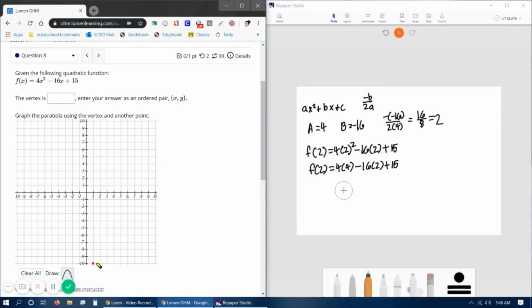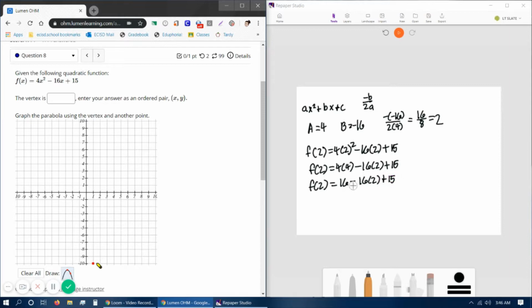Next, I'll do my multiplication and division from left to right. First, I'll multiply 4 and 4, giving me f of 2 equals 16 minus 16 times 2 plus 15.